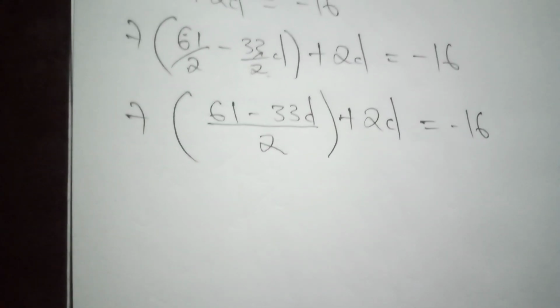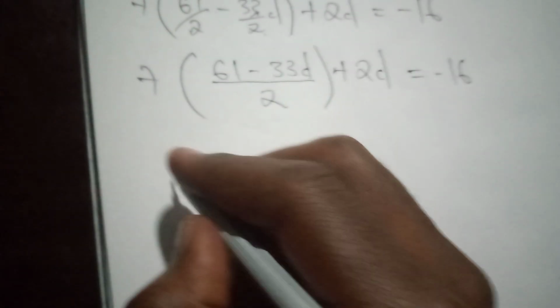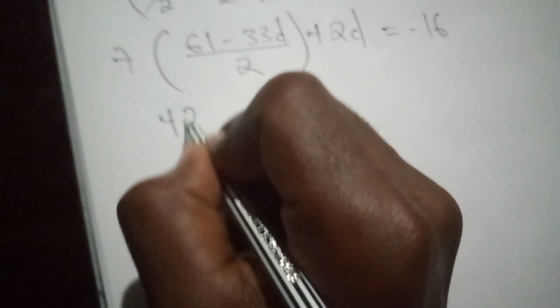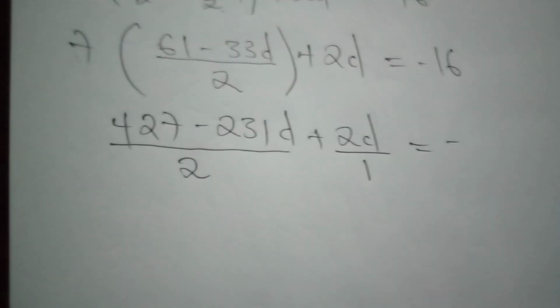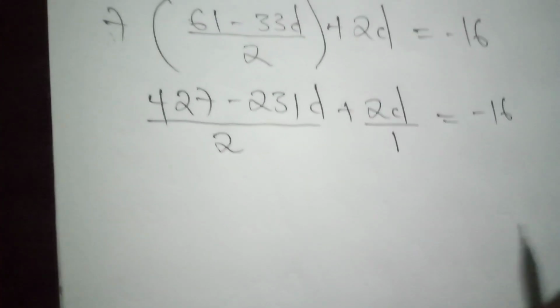So what I'm going to do there is multiply the entire thing by 7. When I multiply the numerator part, I get 427 minus 231d over 2, plus 2d over 1 is equal to negative 16. Our common denominator there is 2. So I'm having 427 minus 231d plus 4d, since 2 times 2d is 4d, is equal to negative 16.